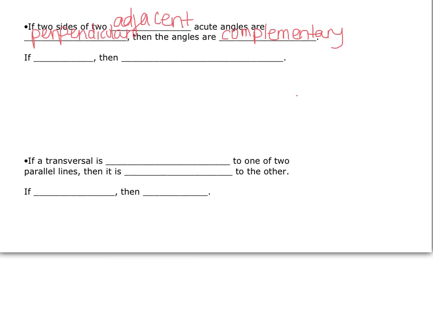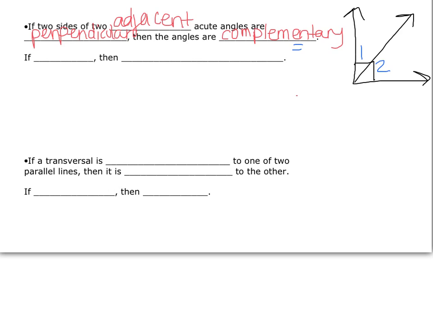So basically, we have two angles. The sides of them are perpendicular. This is one side of an angle, this is the other side of an angle. These are two acute angles, angle 1 and angle 2. If we have this scenario, then these two angles are complementary.